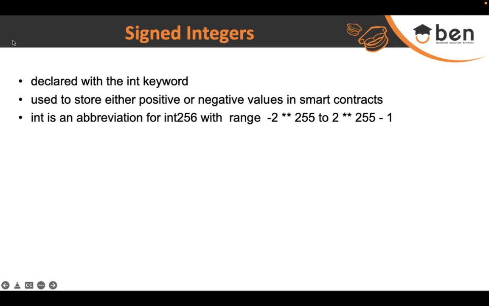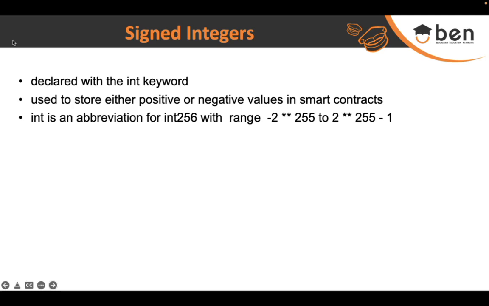What happens is that in int8, you are only given 8 bits by the Solidity language. So in 8 bits, how many numbers can you store? If you are from a computer science background, you know that if you have 8 bits and you want to store negative and positive numbers in that, then the range of the numbers would be -2 raised to the power of 7 to 2 raised to the power 7 minus 1.